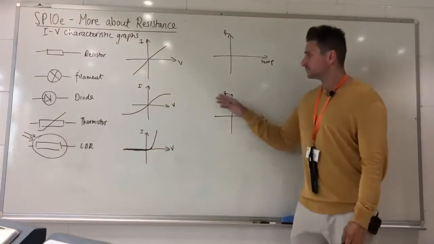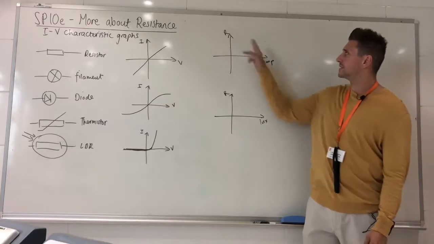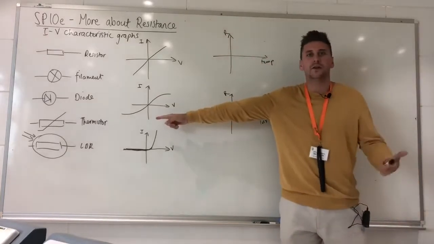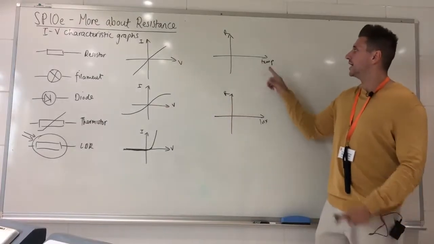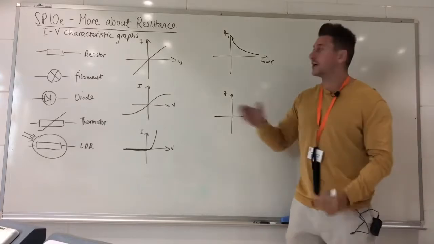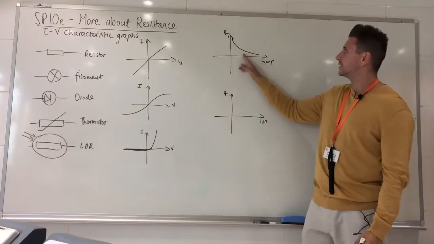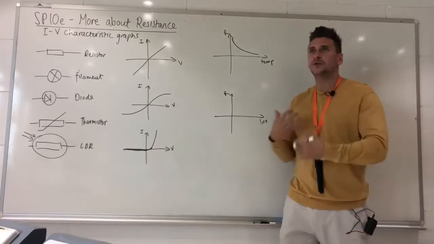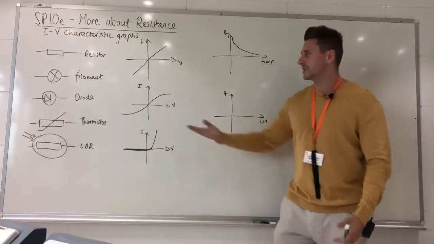Finally, the last two. We've got temperature with resistance. How does temperature affect resistance? That's the thermistor. It's a thermal resistor. As temperature increases, we know that resistance decreases. So there's your curve, increasing temperature, decreasing resistance. And finally, lux. Lux is the unit for light intensity, which is an LDR.